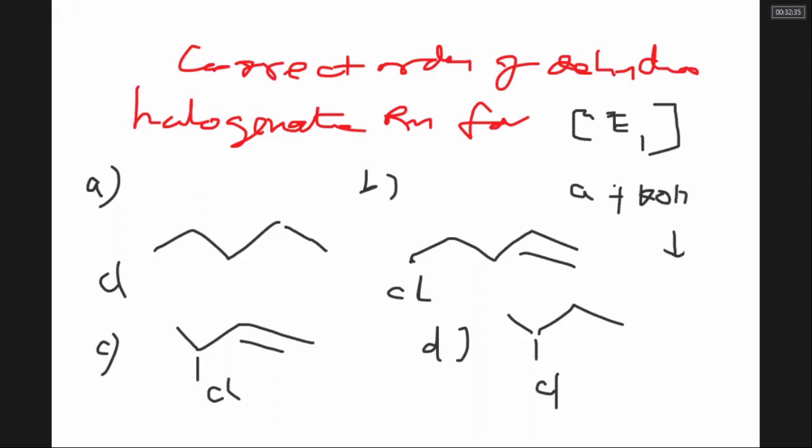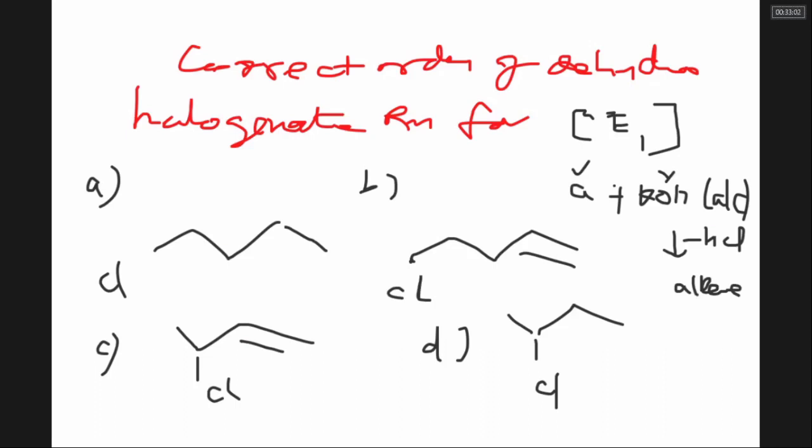Whenever I am heating any alkyl halide with alcoholic KOH, it loses HCl and you get alkene. You know that, right? Yes, sir. The speed of the reaction depends only on the alkyl halide. It is not worried about KOH.